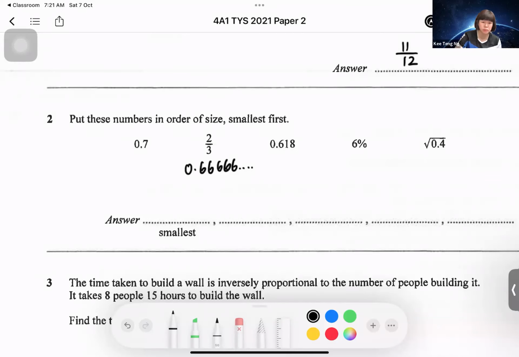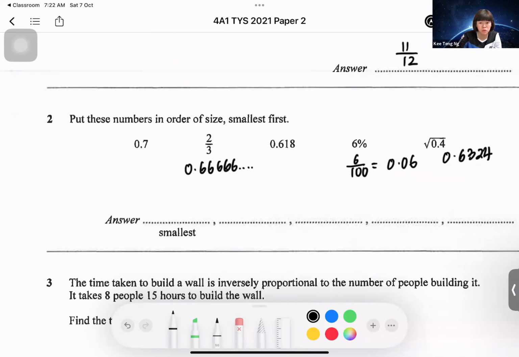Then 6%, they give you the percent, so 6 over 100, which is 0.06. Then the square root of 0.4 will give you 0.6324.